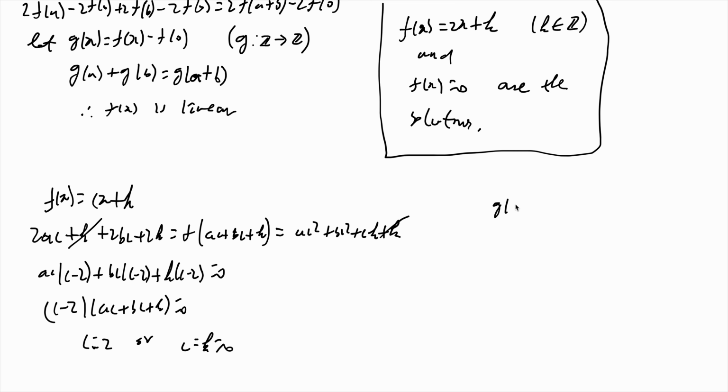g(0 plus 1) equals g(0) plus g(1). g(2) equals g(1 plus 1), so g(2) equals g(1) plus g(1).